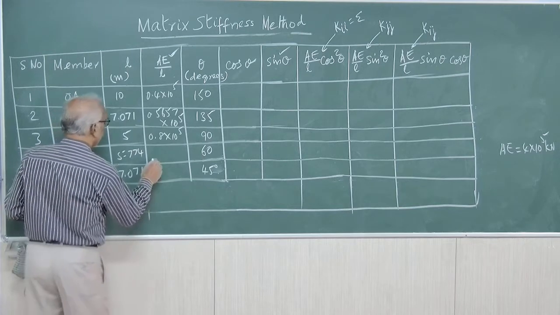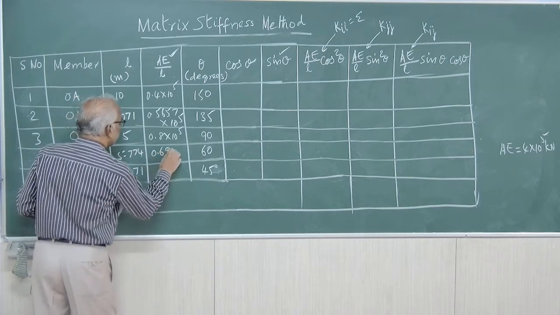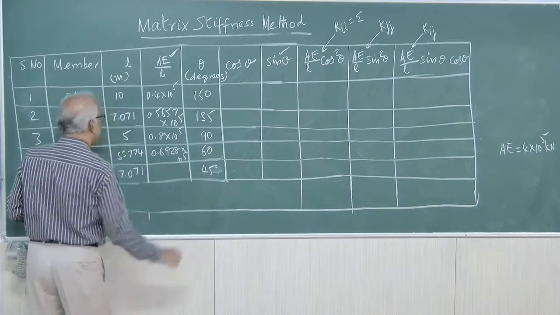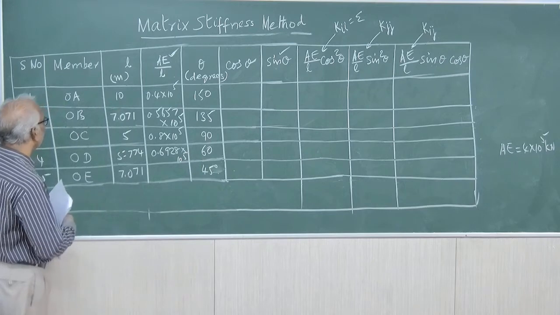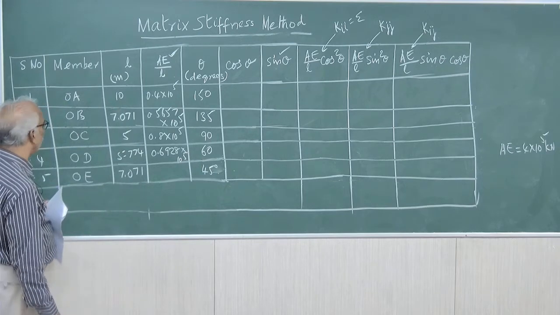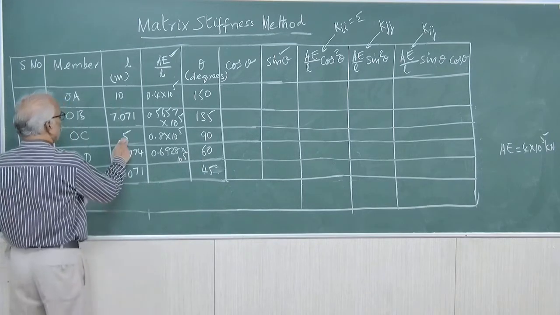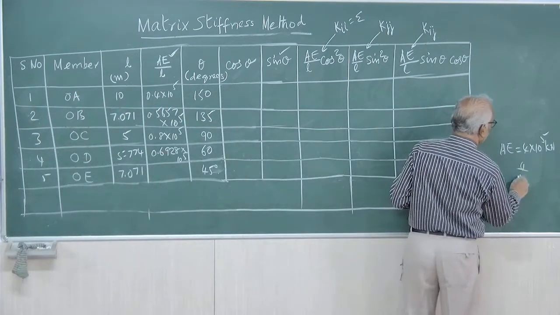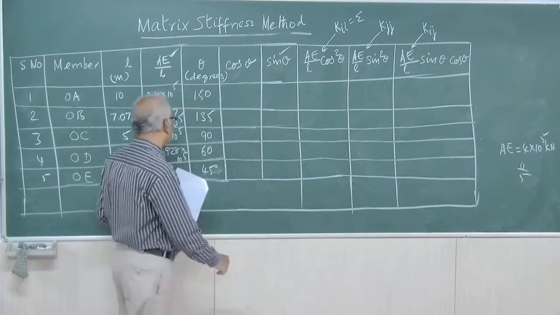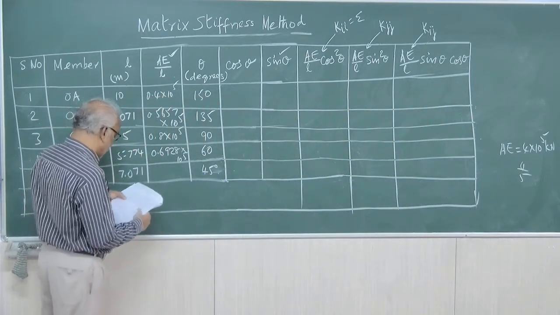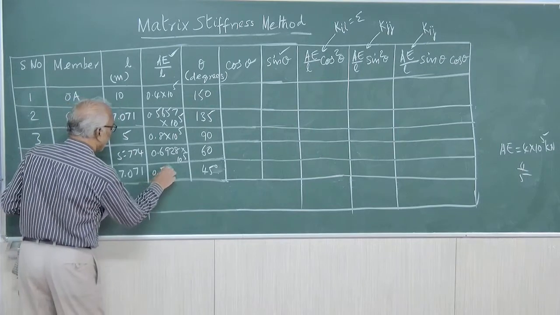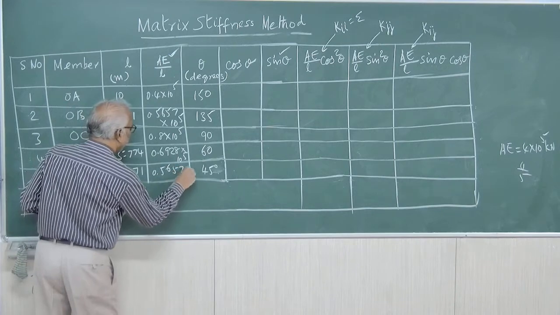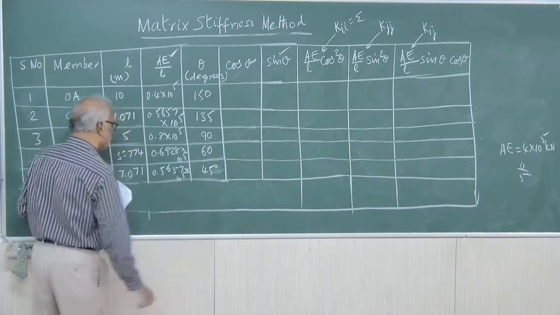AE is 4, so 4 by 5 equal to 0.8, correct. So 0.8 into 10 power 5, and this is 0.5657 into 10 power 5.